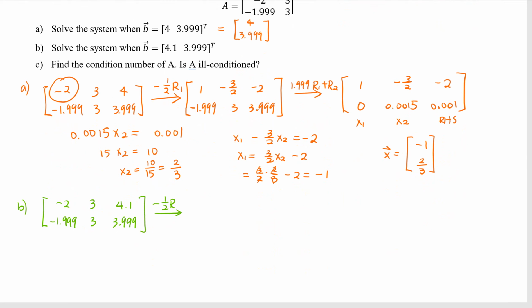The operation is still the same. This is 1, minus 3 over 2, and 4.1 over -2 becomes -2.05. The bottom row stays the same.